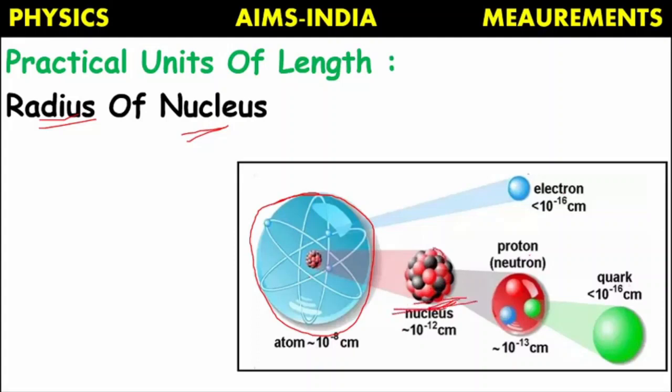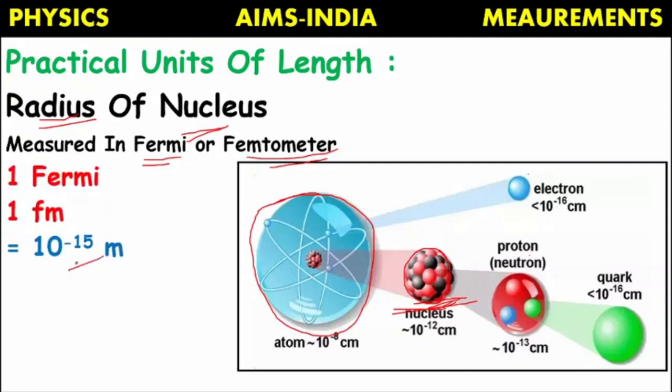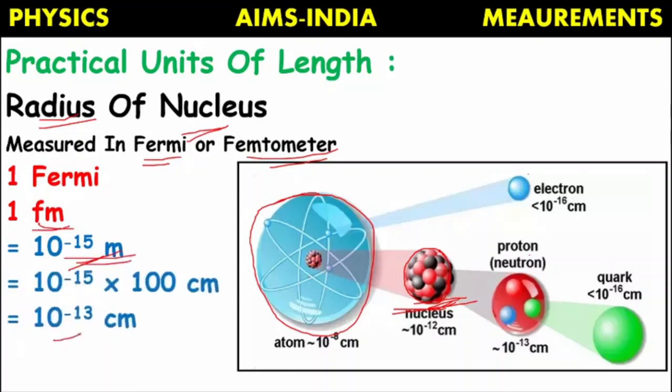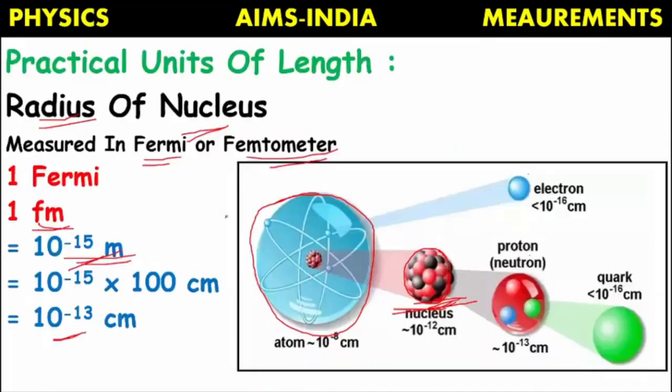The radius of a nucleus is measured in Fermi or femtometer. One Fermi equals 10 power minus 15 meter. The symbol for Fermi is fm, femtometer, 10 power minus 15 meter, or converted into centimeter, 10 power minus 13 centimeter. So that is the third practical unit, Fermi or femtometer.